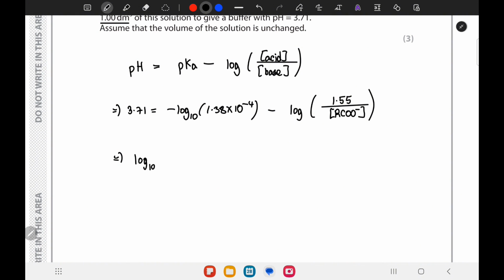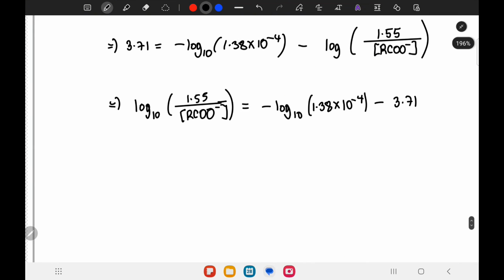I can move terms to the right, and on the right we'll have minus log base 10 of 1.38 × 10^-4 minus 3.71.